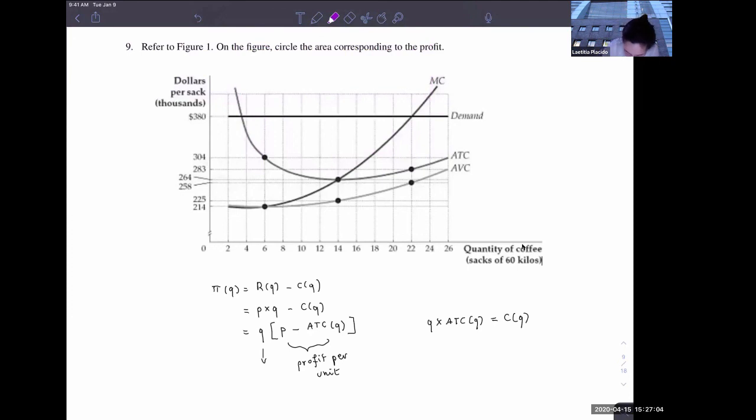So P minus ATC is this distance here, and you're going to multiply that by Q. So the value of your profit on the graph is this area. So that's Q, and that's P minus ATC.